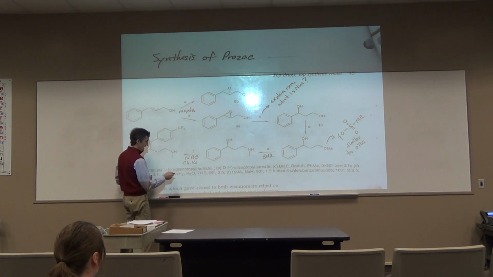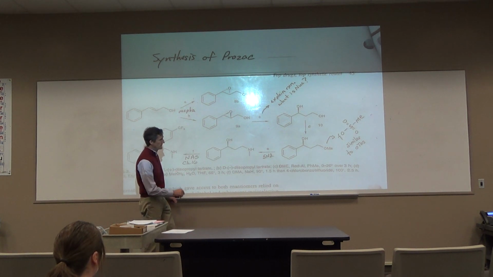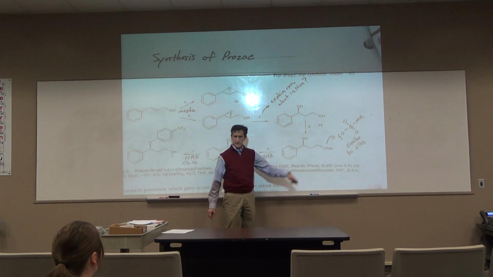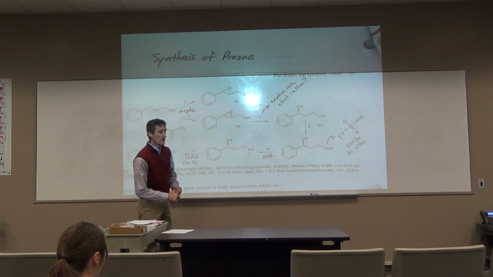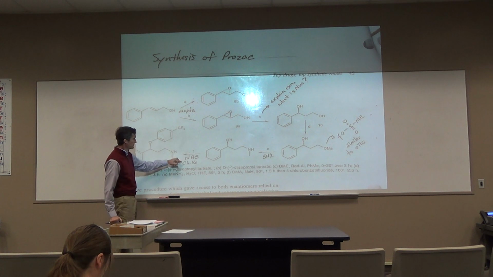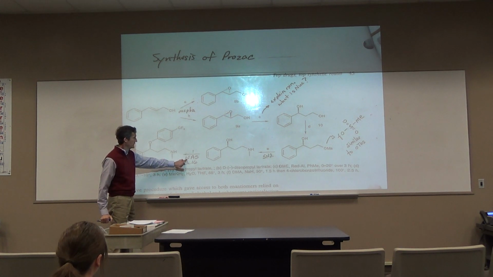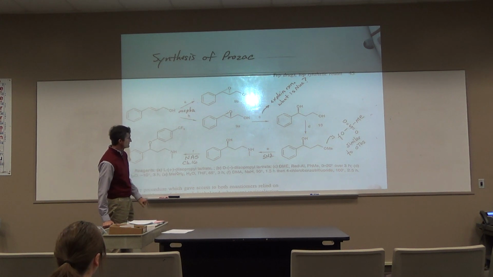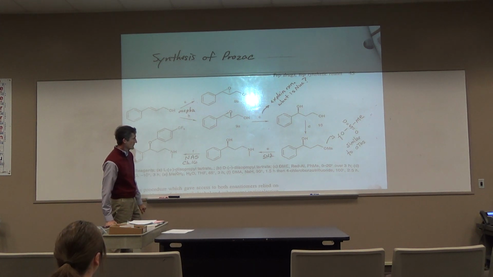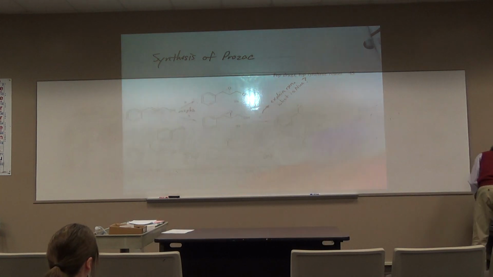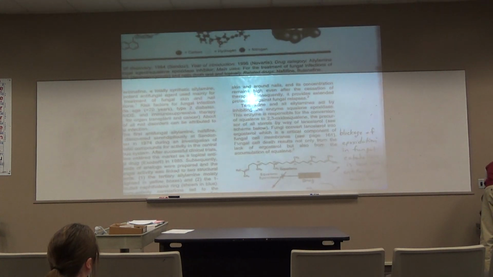Methylamine. And the methylamine did what? Displaced the mesylate by SN2. Yeah? And then finally they did an NAS reaction, which is test 2 chemistry, nucleophilic aromatic substitution. We'll learn how to do that on an aromatic ring. So some synthesis there.